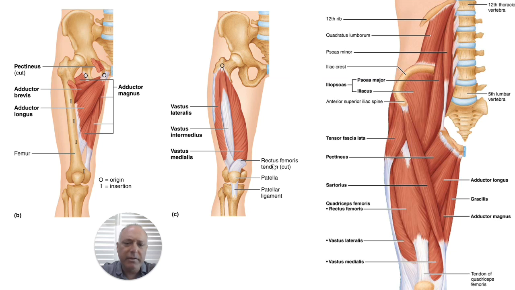The rectus femoris, probably the largest muscle of the thigh, is cut away here. And so here we can see the medial gracilis, adductor magnus, adductor longus, pectineus. What separates the compartments is the sartorius, another landmark muscle. I always look for the sartorius.